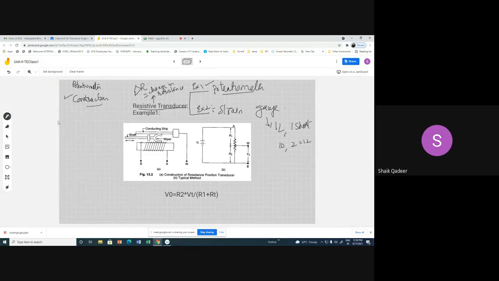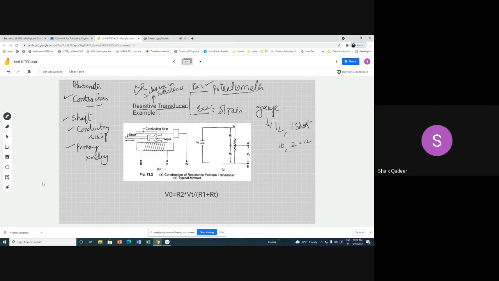It consists of a shaft. It consists of a conducting strip. It consists of a primary winding.